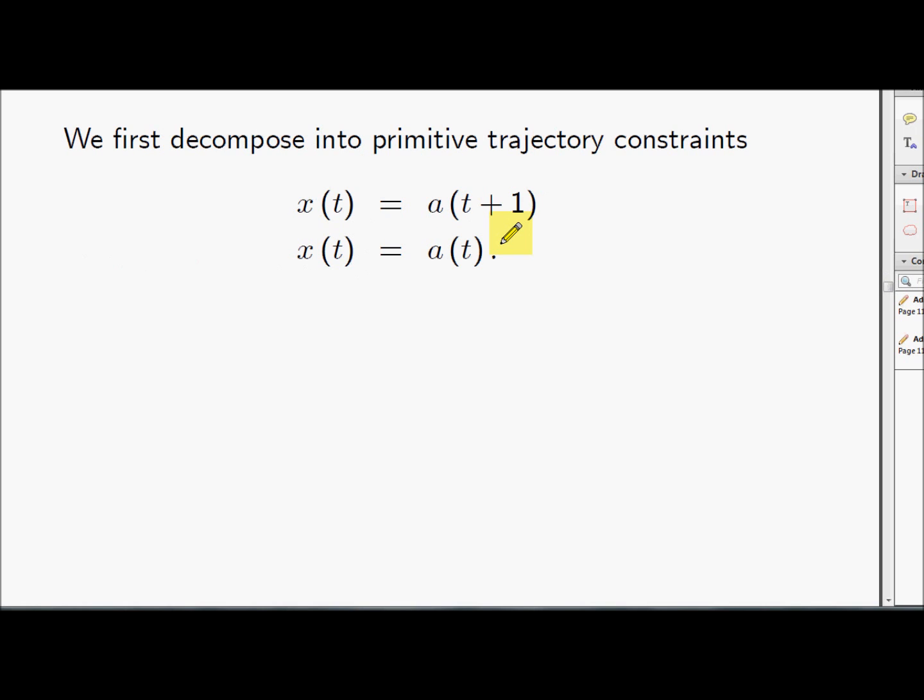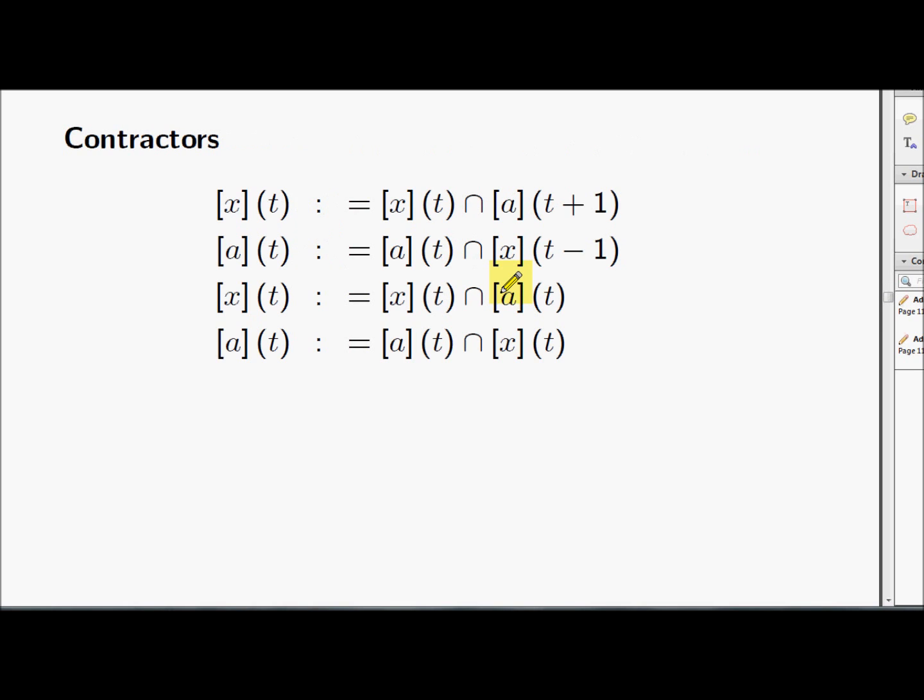Of course, as I explained before, I have to decompose into two equations by introducing a new variable, a new trajectory, here a. I will build a contractor for the first equation, but also for the second equation, as before. And in this case, I obtain this contractor.